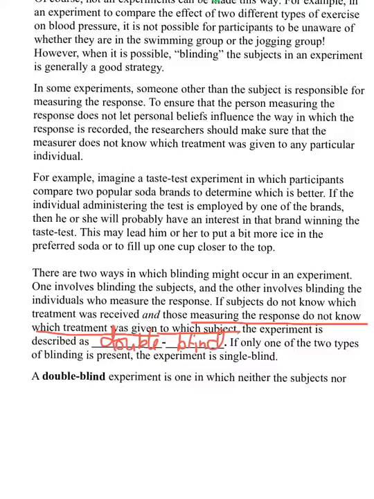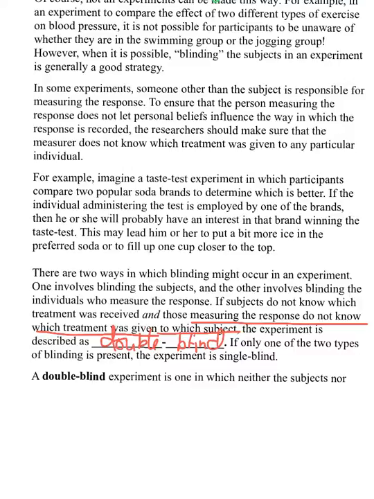For example, if there is a new cancer treatment and some subjects are given the new treatment and the other group, they're just given a placebo or they're not given anything. Now, when somebody is measuring the response, they might notice a slight difference. And if they see that, oh, they're in the treatment group, they're actually getting new medication, they would look at that difference and they might see it as significant.